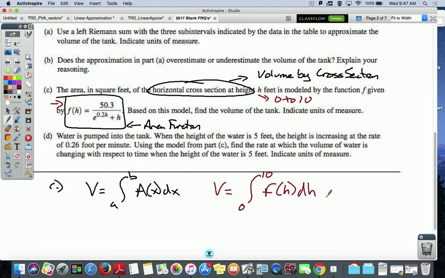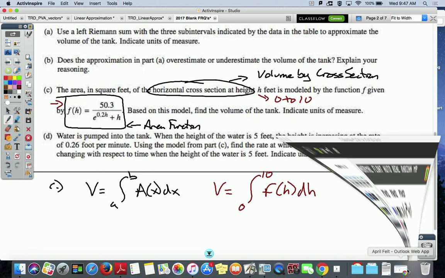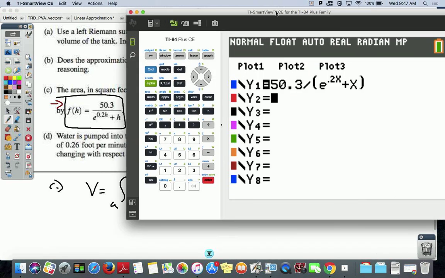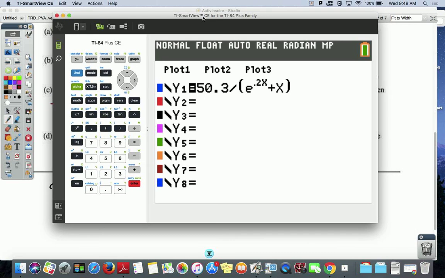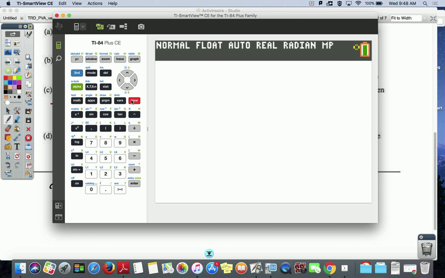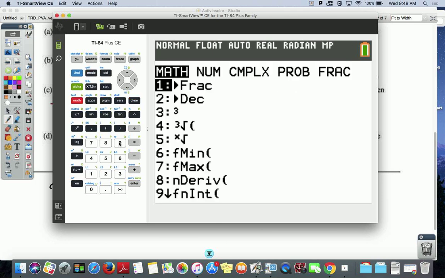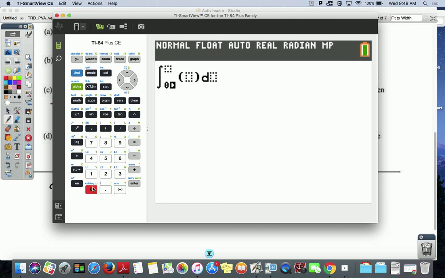And I'm going to use my calculator. It's a calculator question. It's a definite integral. So I've already plugged this in on the calculator and got that in my y equals. Make sure you have the denominator in parentheses. That could cause a problem. And then I'm going to do math 9. Do the integral from 0 to 10 of y1 dx.